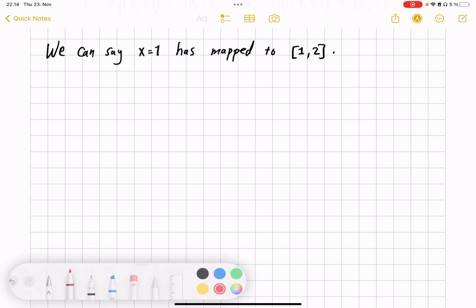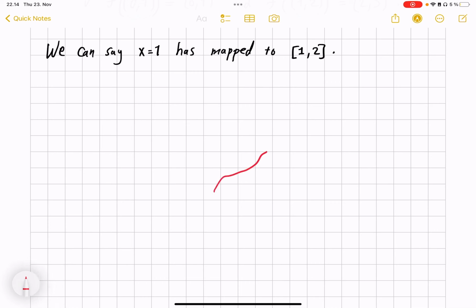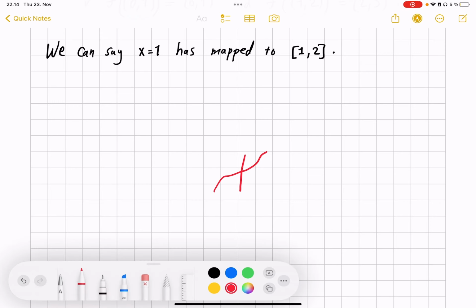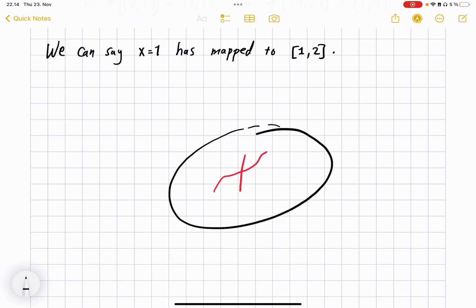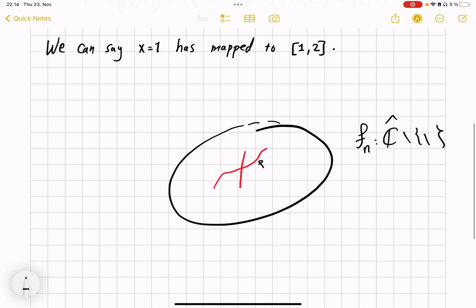So for example, the kind of locally uniformly convergent functions that I'm looking at is, suppose you have a sequence of homeomorphisms defined on C or C hat, if you're looking at the Riemann sphere, minus this one compact closed set P.